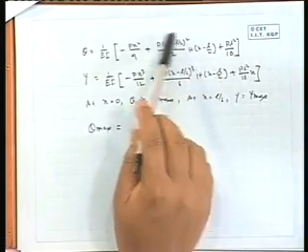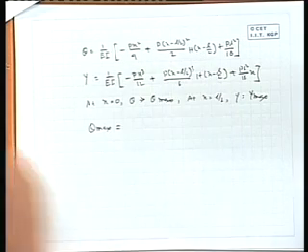So, we will get at x equal to 0, theta will be your theta max, and at x equal to L by 2, your y will be y max. So, for theta max, we just have to substitute the value of x equal to 0. So, this part will be 0, and the step function will also be 0.